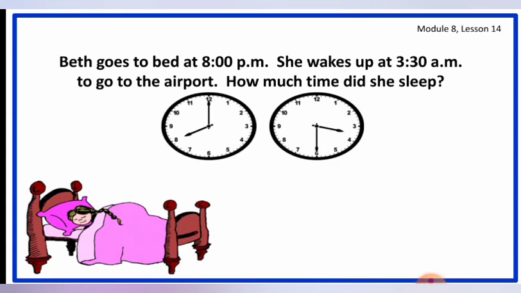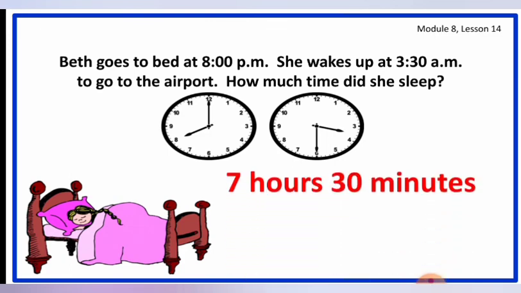When it gets to 3:30, it becomes 7 hours, 30 minutes. So, how much time did she sleep? She slept for 7 hours, 30 minutes. Did you get that right? Yes, I know you do. Okay, she slept for 7 hours, 30 minutes, or 7.5 hours.